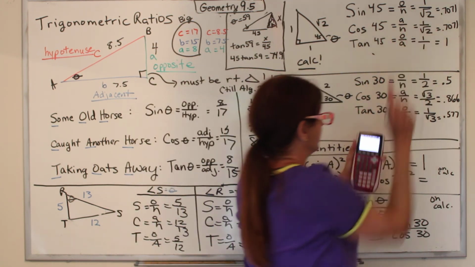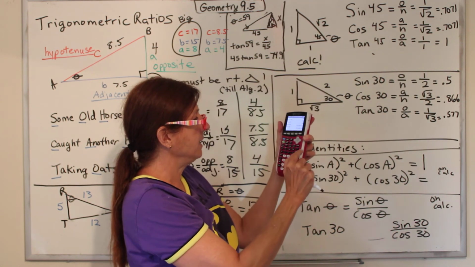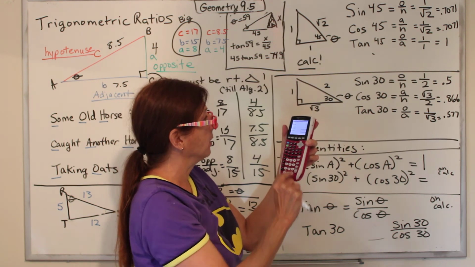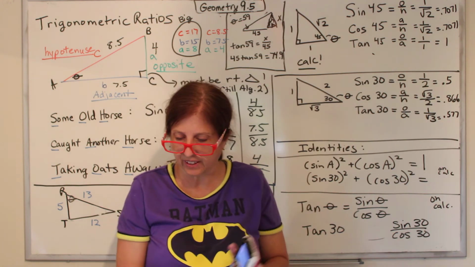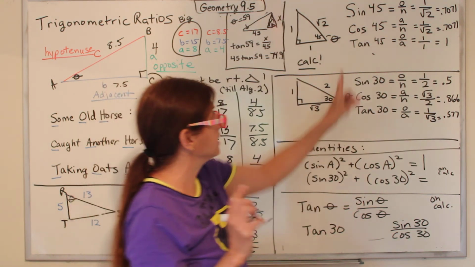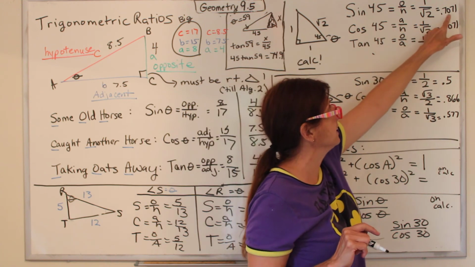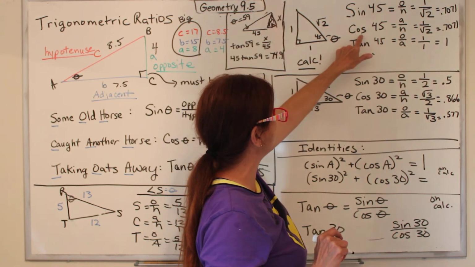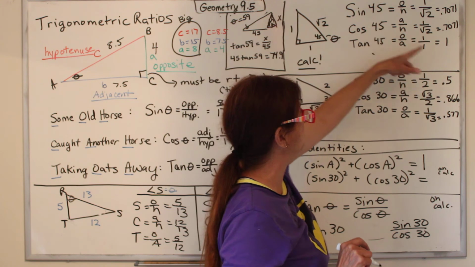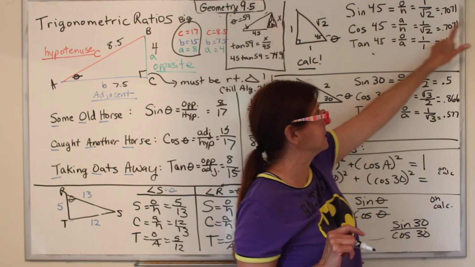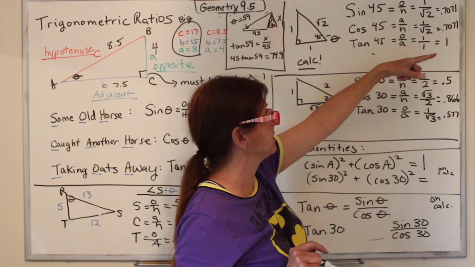Now I want you to put this in your calculator. 1 divided by the square root of 2. And it's the same thing. So this is showing you that sine of 45 and this fraction is the same thing. Same thing with cosine. Cosine of 45, put it in your calculator, and because this one is all even, it ends up being the same thing, 0.7071.